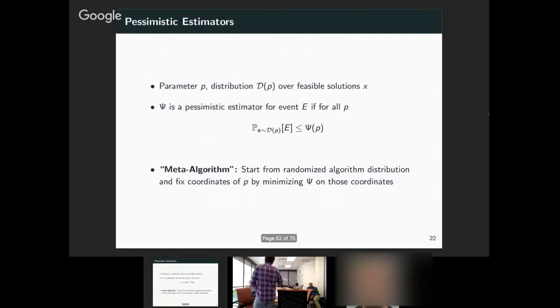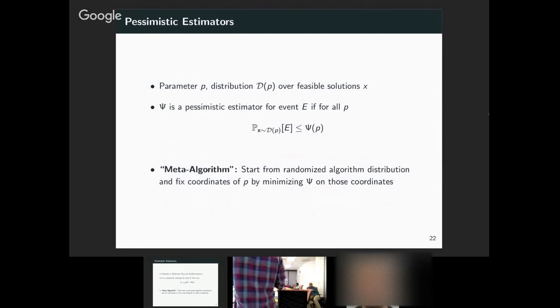So the very high level idea would be to use some sort of potential function, right? We start with a distribution that guarantees this probabilistic state, and then we traverse the space of parameters x, using different kinds of p's that relate.